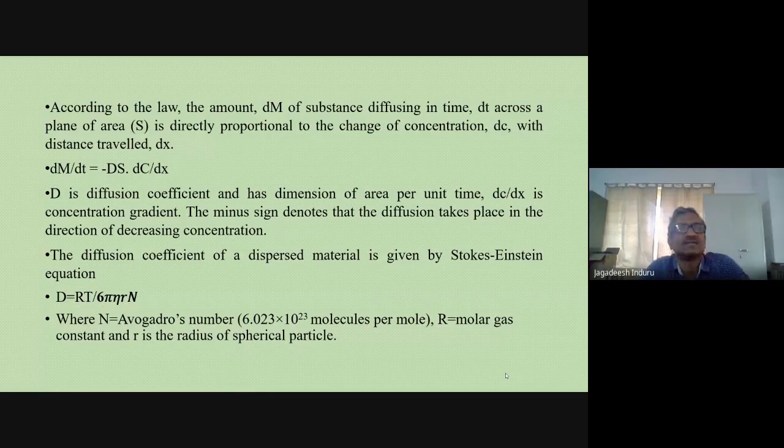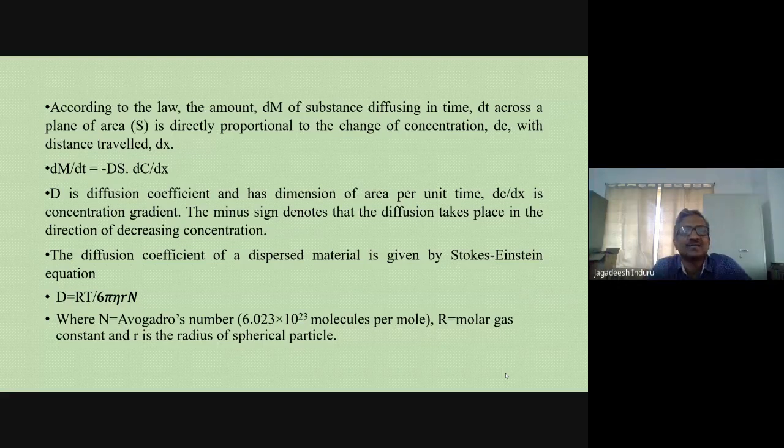So dm by dt is equal to minus D into S into dc by dx, where capital D is the diffusion coefficient. So the diffusion coefficient is multiplied with surface area and change in concentration for change in distance. This is Fick's first law.